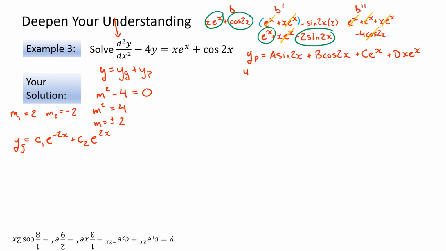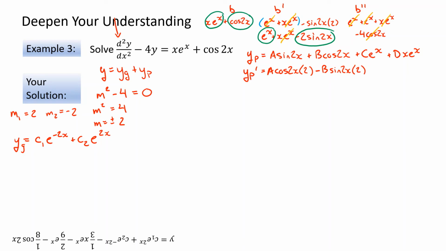So the first derivative, we'll call it yp prime, is equal to the derivative of the first term, which is a times cosine of 2x times the derivative of 2x, which is 2. Derivative of cosine for the second term is negative sine, so we have minus b times sine of 2x times, again, 2 for the derivative of 2x.